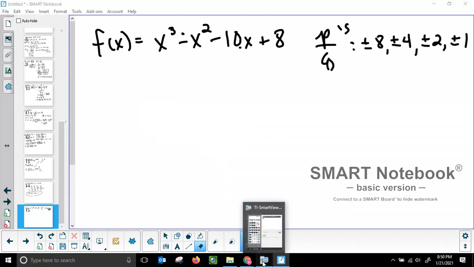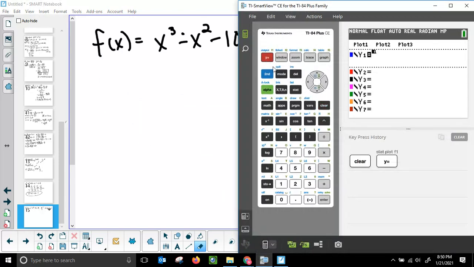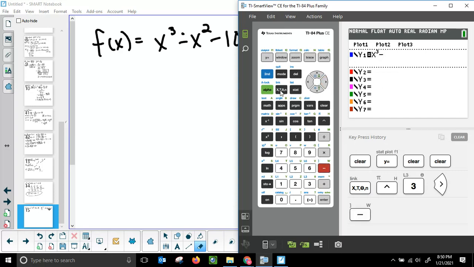So let's go ahead and take a look at this. We say x cubed minus x squared minus 10x plus 8.